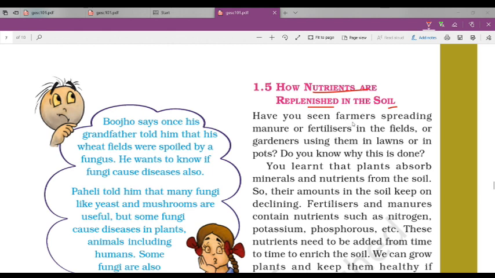Have you seen farmers spreading manure or fertilizer in the field? Yes, most of you have seen that the farmer uses fertilizer and manure and spreads it in the field, or gardeners using them in the lawn.